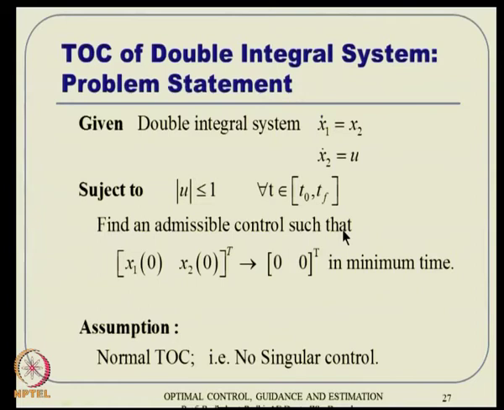The objective is to find an admissible control history such that the initial condition x1(0), x2(0) is driven to the origin in minimum time.